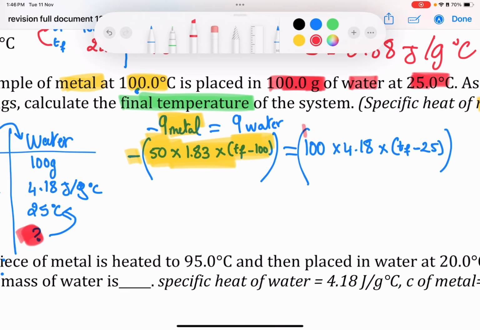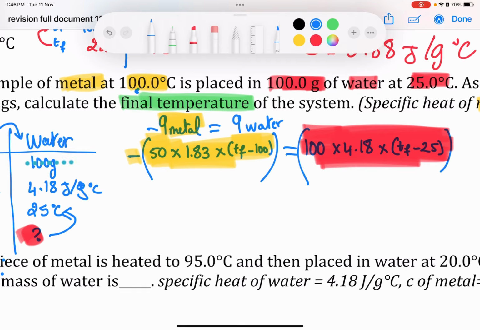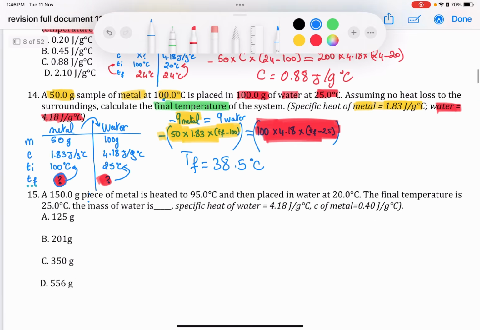So now, here's the data for the water. By solving this equation, we get the T final to be 38.5 degrees Celsius. If you need more practice, check my YouTube video about specifically this topic.